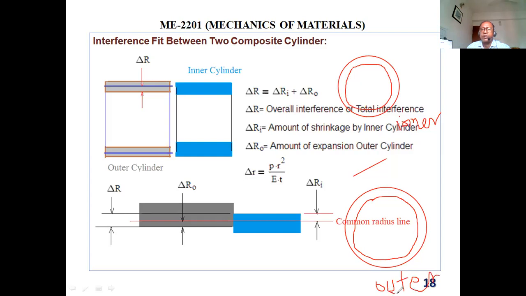It will have two radii, outer radius and inner radius, right? Similarly, this one will have an outer radius, and also an inner radius.